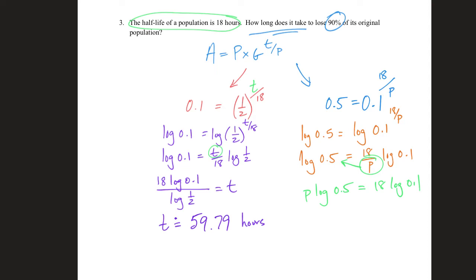And so at the same time, we want to divide out that log 0.5, and so we get our p is 18 log 0.1 divided by log 0.5.